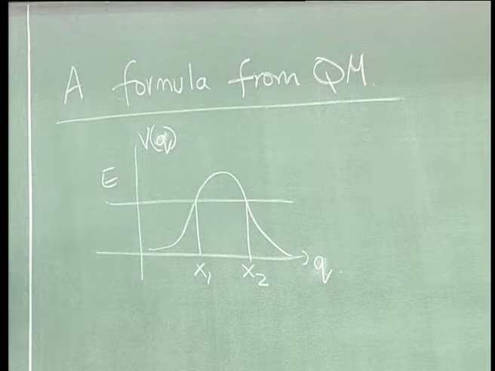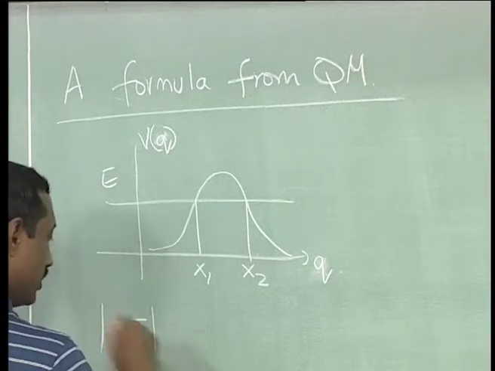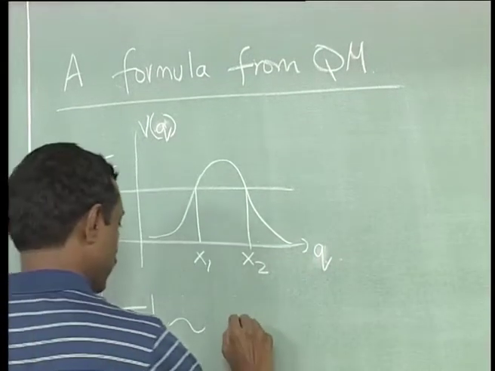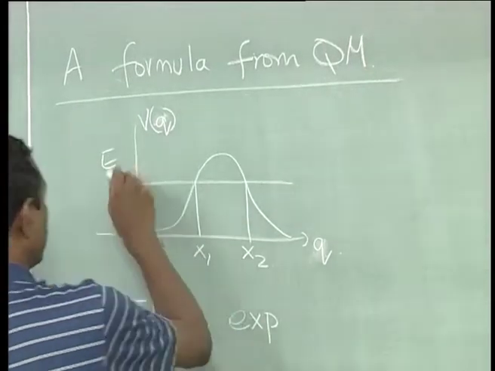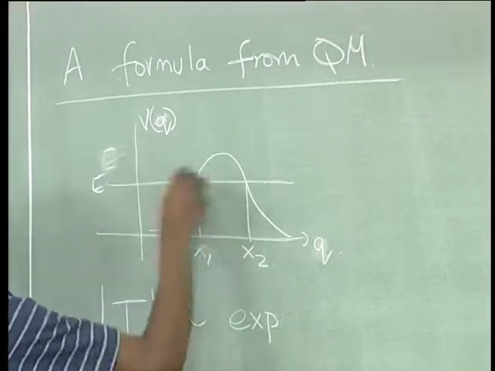So the magnitude of the tunneling probability goes as an exponential.